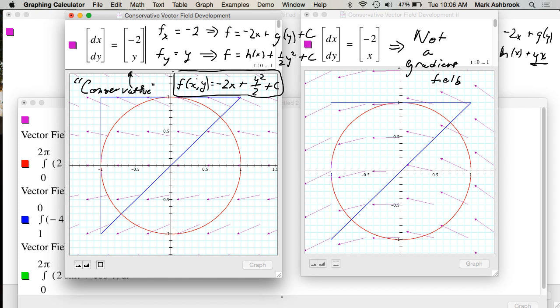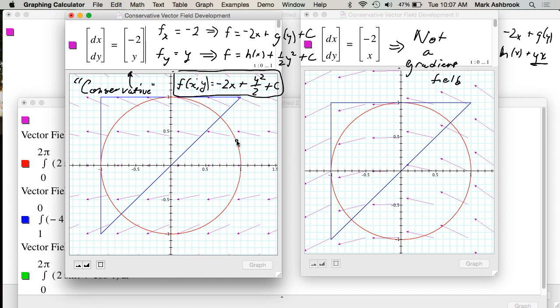Gradient fields have this quality that they are conservative vector fields. Why? Because if you think about this as work, if you go around a path, what is the total work done to go all the way around the path? It's zero. So you have what? The conservation of energy, right? You have the conservation of energy in every closed loop in a conservative vector field.